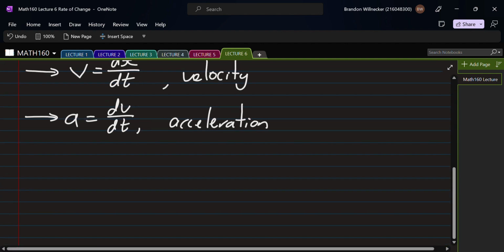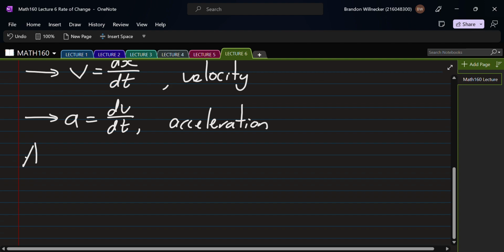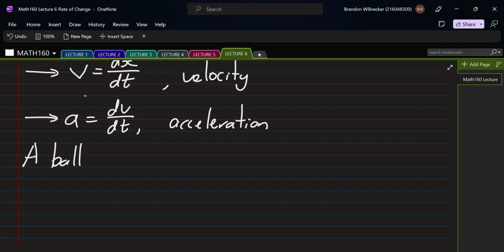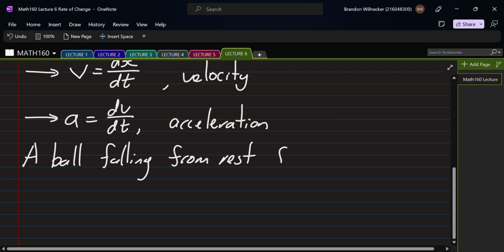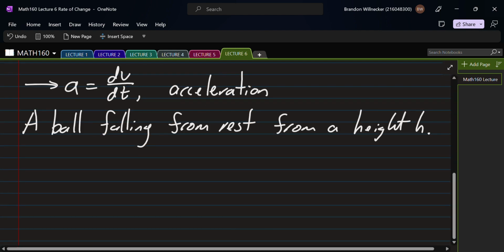So if we have, for example, a ball falling from rest from a height h. Okay, so we've got this following situation. There's a ball that's falling from some height h.